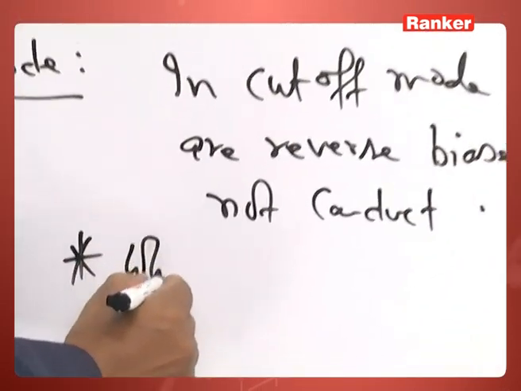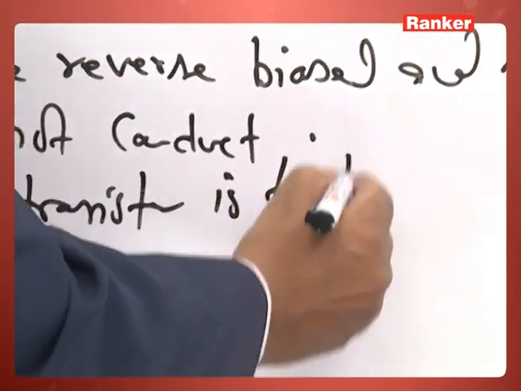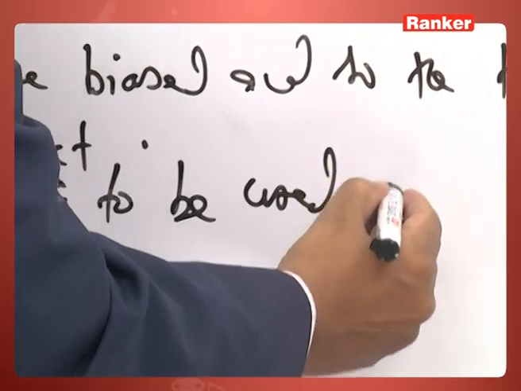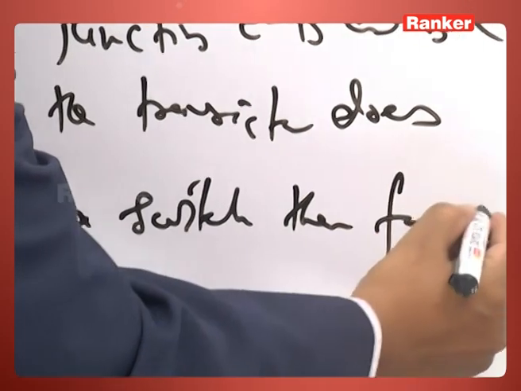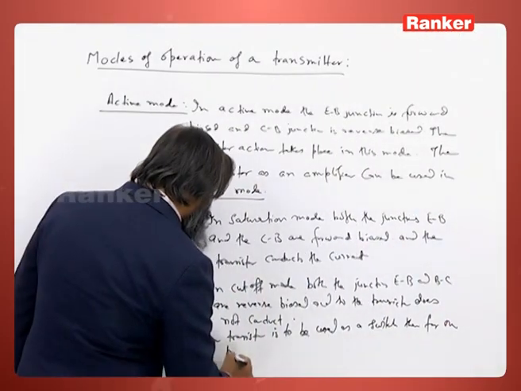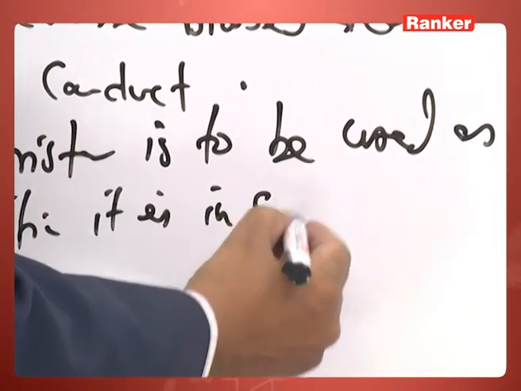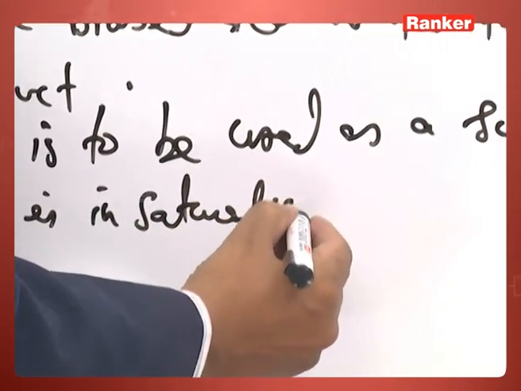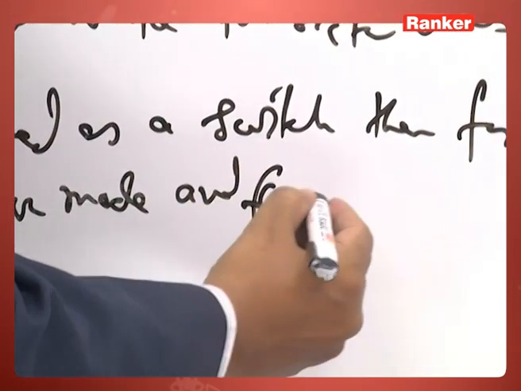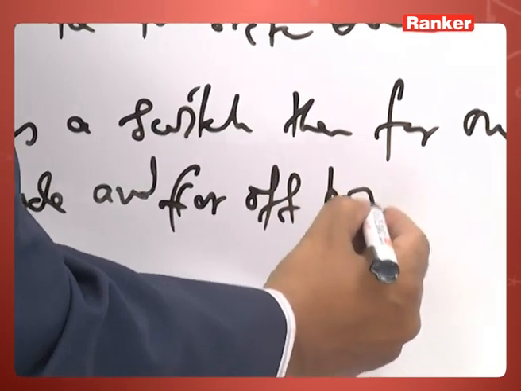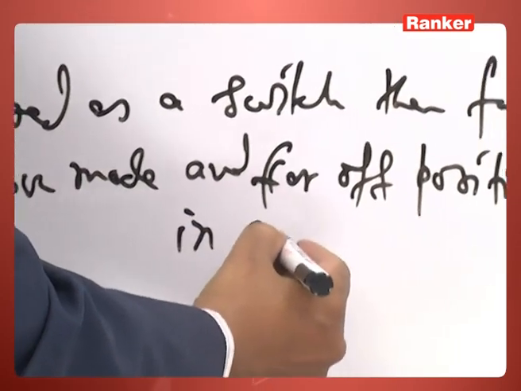When transistor is to be used as a switch, then for on position it is in saturation mode and for off position it is in cutoff mode.